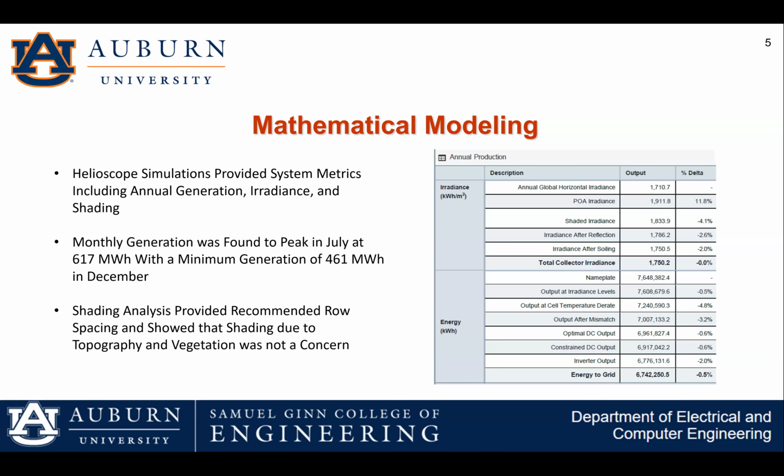You can see overall our energy to grid for the year is nearly 7 megawatt hours, I believe. Yeah, I think I have that wrong; 7 gigawatt hours is the magnitude there. So it's a pretty impressive generation for this size facility, at least from the other examples I was seeing.